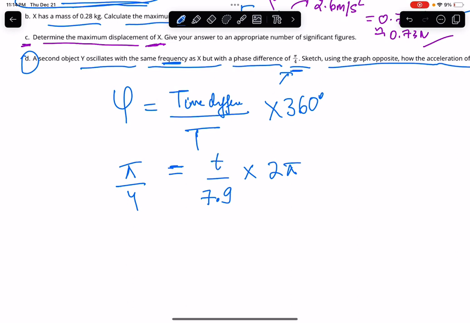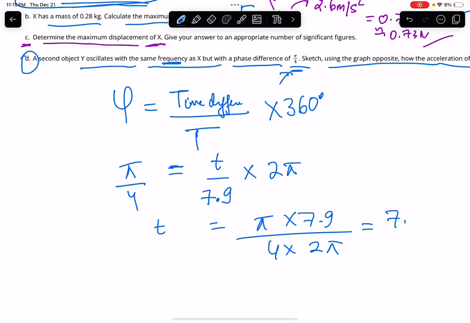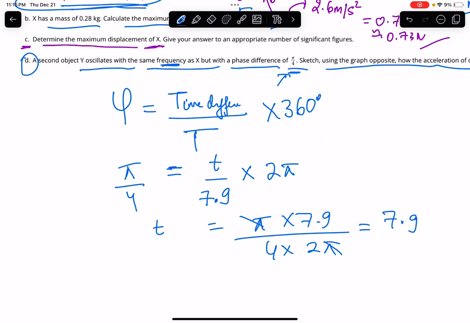So the time difference is pi times 7.9 divided by 4 times 2 pi, and so the time difference becomes 7.9 divided by 8.